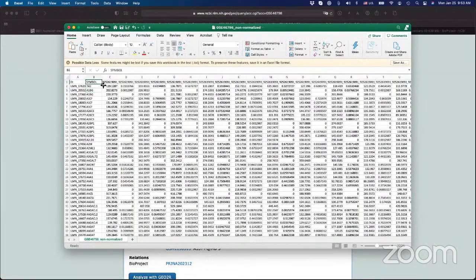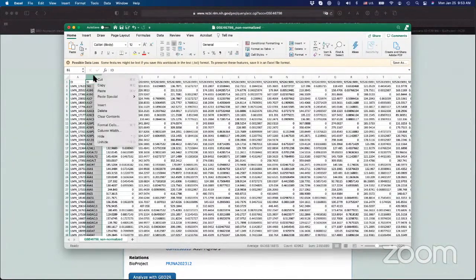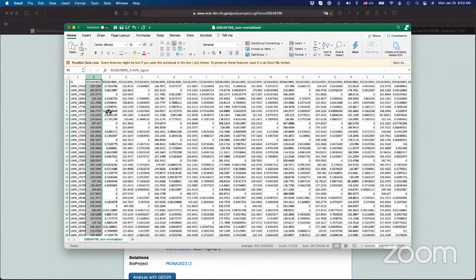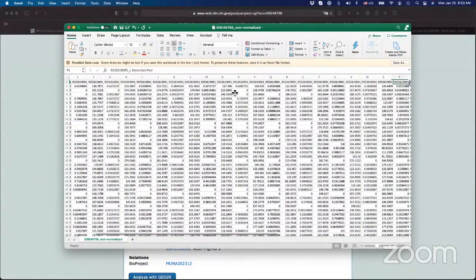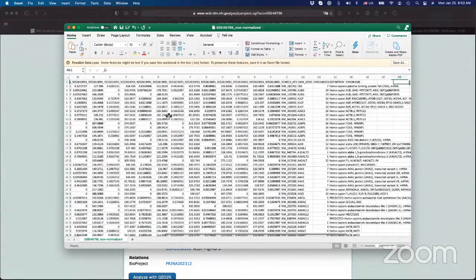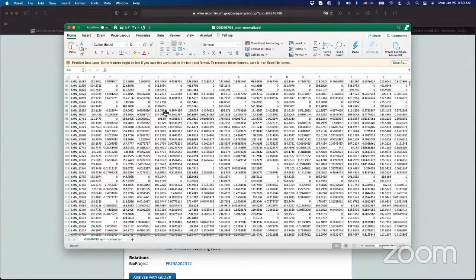And actually, right now I'm not interested in specific genes. Here, I have the names of probes, it looks like. So okay, this is not useful.